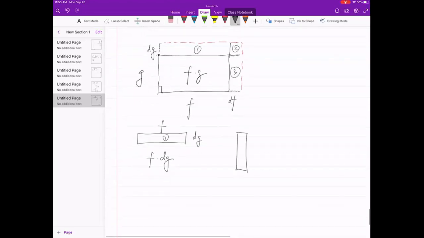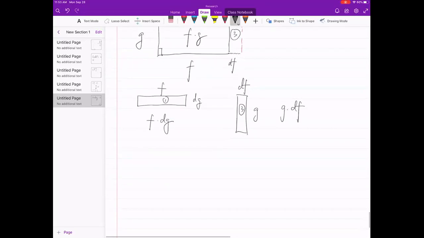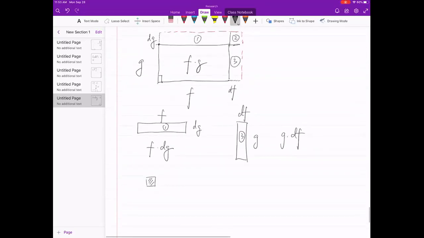This is 1. This is 2. You have g and df. Therefore, it's g times df. Even if your g doesn't change, as long as your f changes a little bit, you change this much. You don't just change f, you change f times g. And of course, there is a third part. A little tiny square right there is actually dg and df.